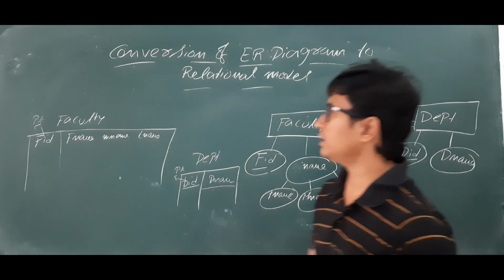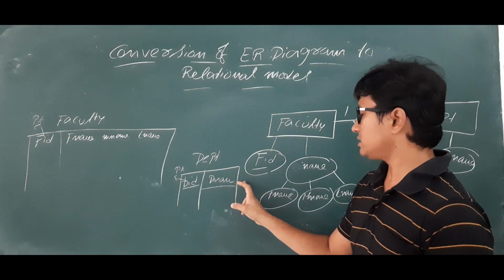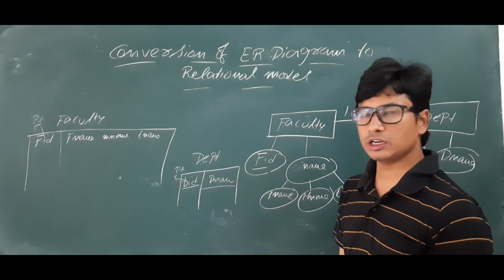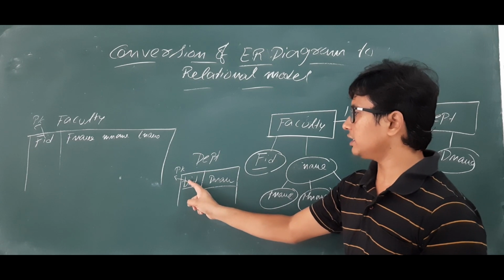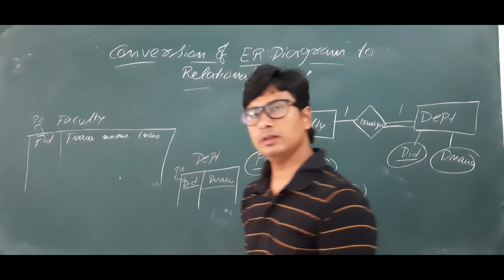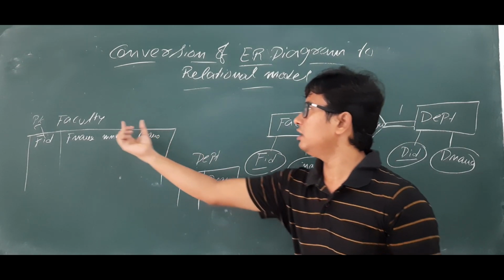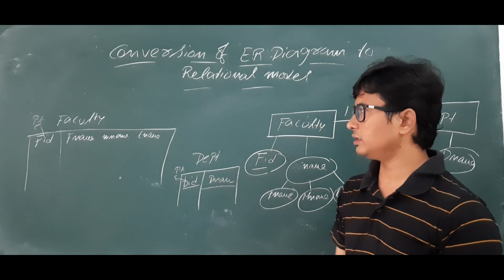So I can take the primary key of the faculty and keep it as a foreign key in the department. That is one scenario. And another scenario is that I take the primary key of the department and keep it here. That is also possible, so that I can have a relationship between the faculty table and the department table. Is it clear?